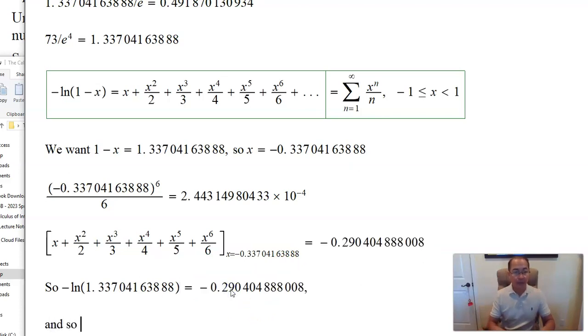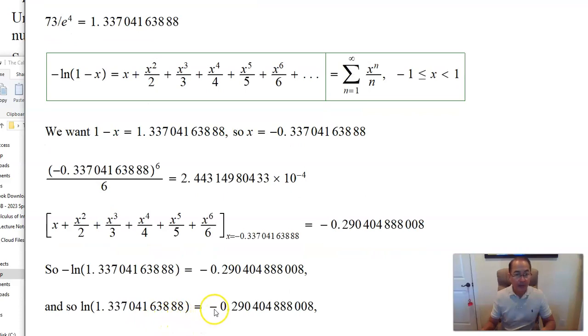And so we can cancel the minus sign on both sides. ln of 1.337 is positive 0.29. Okay, so how does this relate to our ln of 73?